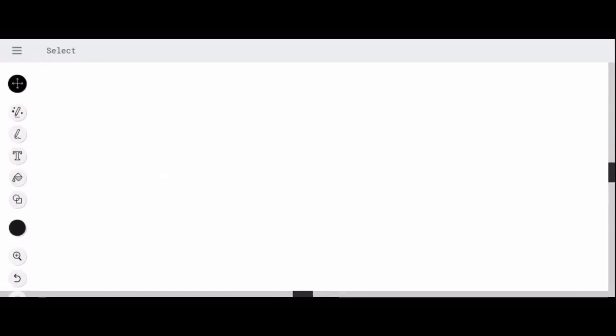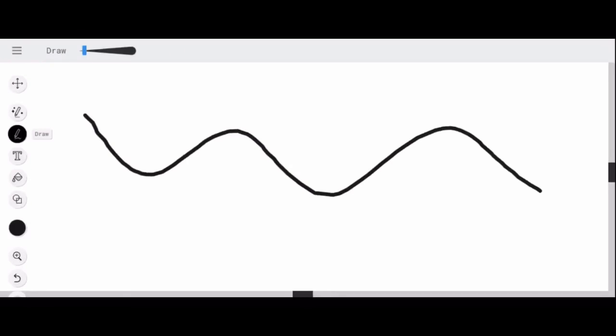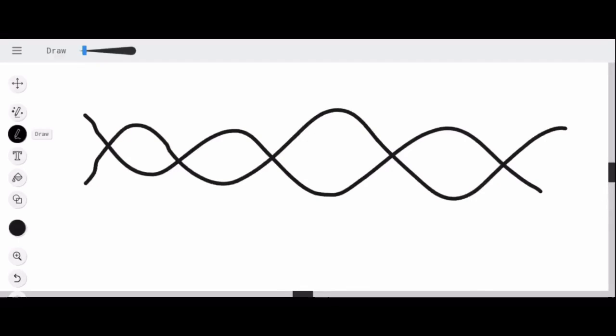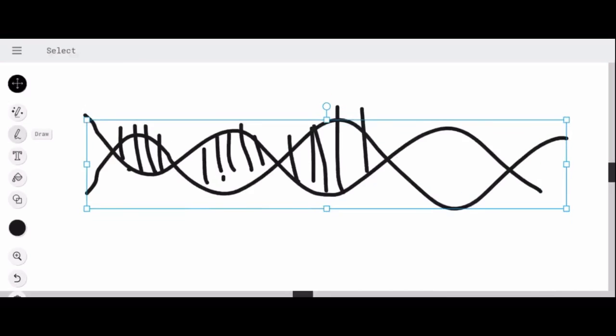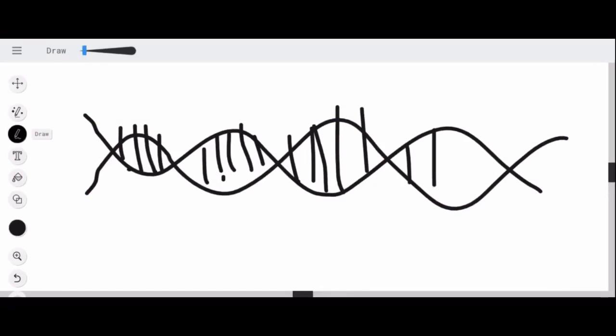You have something in your body known as DNA. It looks something like this. And it looks something like this when stretched out. It's a little messy, I'm sorry. But anyway, it's a twisted strand.